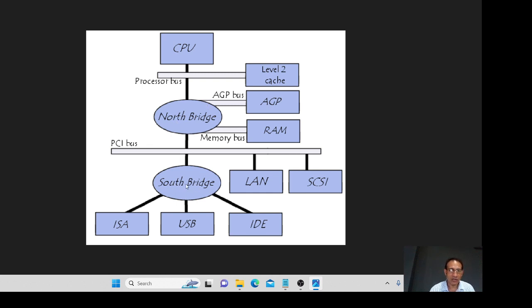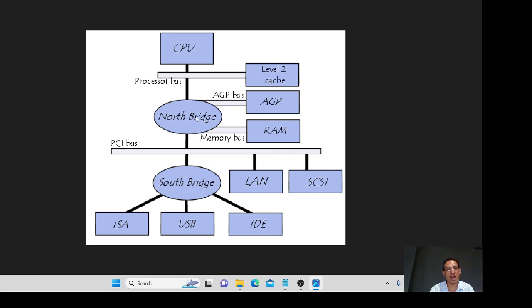The other chipset is the south bridge. The south bridge is connected to the I/O devices particularly, as well as the ISA buses. That is why ISA buses are very slow: PCI buses connect directly to the north bridge, but ISA buses connect to the south bridge, and after that to the north bridge.